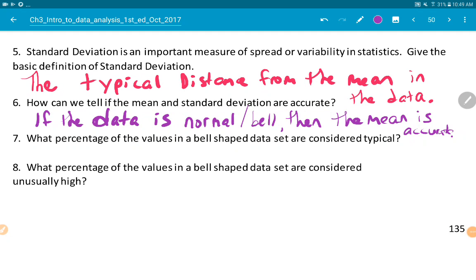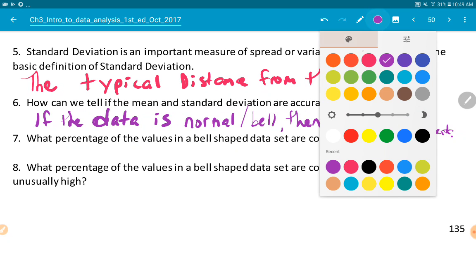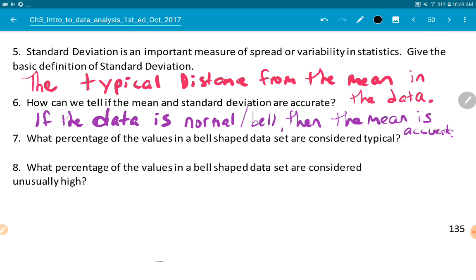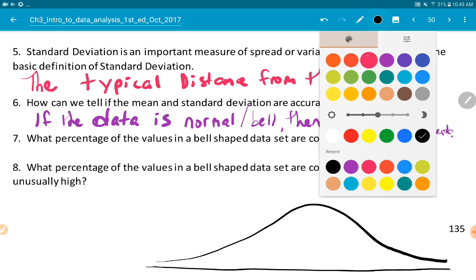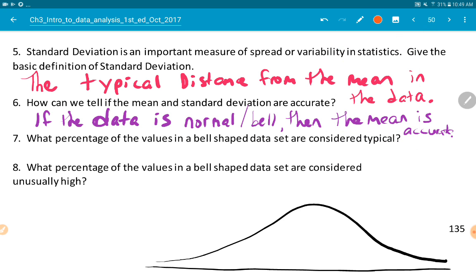In the review problem set, problems 7 through 9, I'll deal with that picture of the bell curve that we've been looking at all last couple weeks, where we have the 68, 95, 97.5 rule.